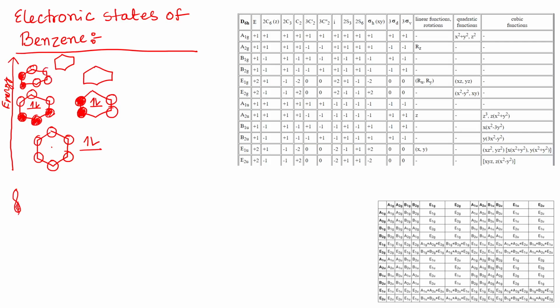Just for the sake of discussion, I'm drawing. You don't have to remember all of this. So these are the HOMO, highest occupied molecular orbitals, and these are the lowest unoccupied molecular orbitals, LUMO.